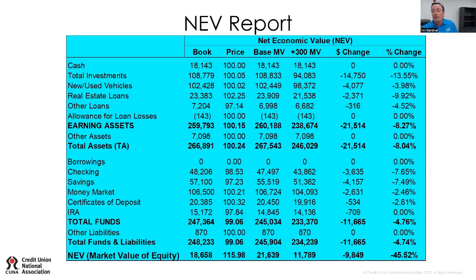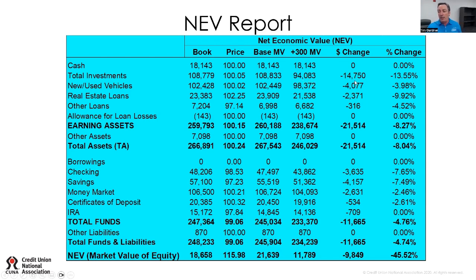Which is why, when you look at this particular credit union, they have total investments. You can see that they have a larger investment portfolio than their consumer loans, car loans. So it's a pretty substantial amount of their assets. When interest rates go up, the value of their investments goes down. It goes from $108,833 down to $94,083.